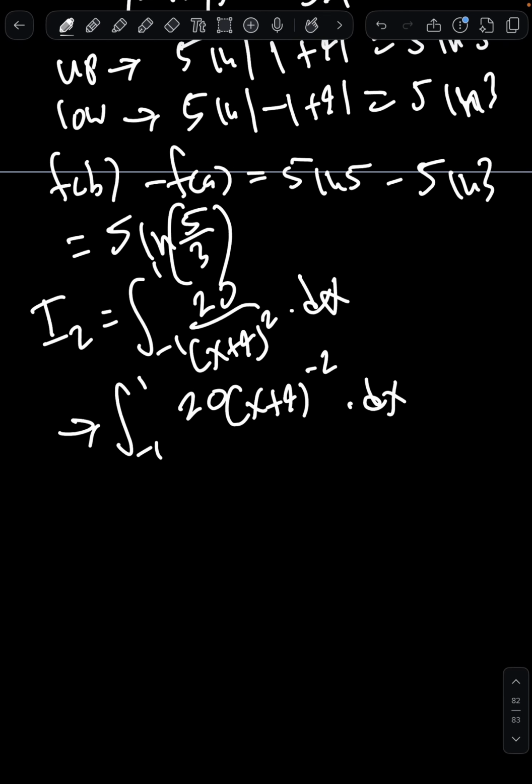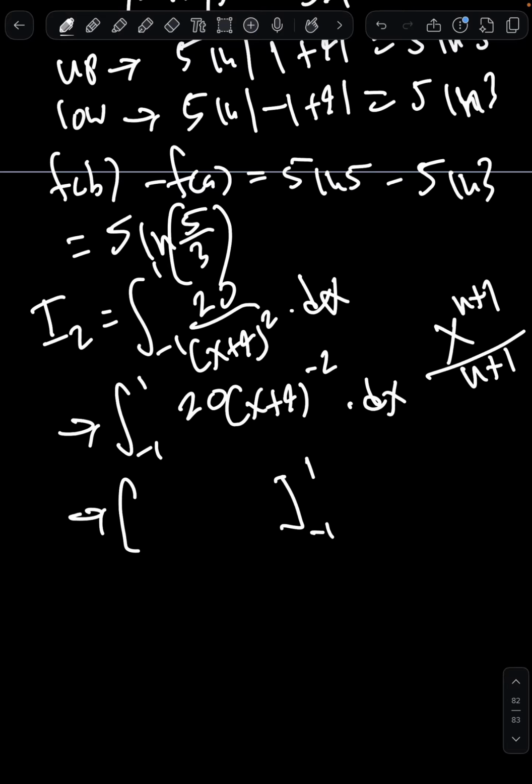Now I'm going to be able to use the power rule for integration, which is x to the n plus 1 divided by n plus 1. If I add 1 to the power and divide by that same amount, n plus 1, I'll get the integral. Or actually, we won't even have the integral anymore, we just have these brackets from -1 to 1.